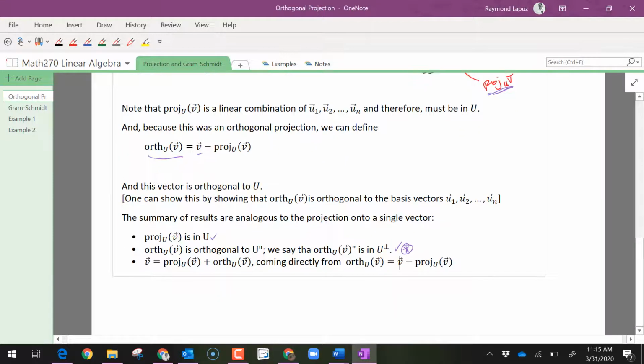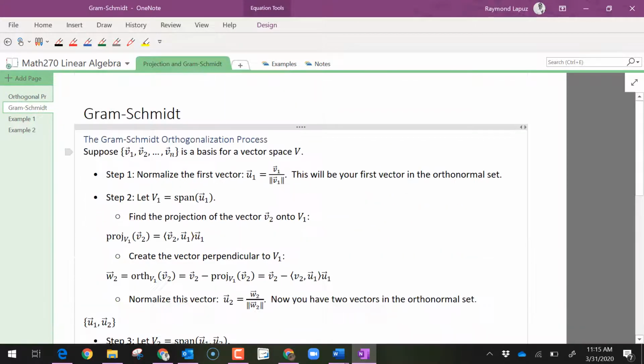And that brings us to the Gram-Schmidt orthogonalization process. The idea behind this process is to take a look at a set of vectors that form a basis to a particular space, and what we want to do is create an orthonormal basis.